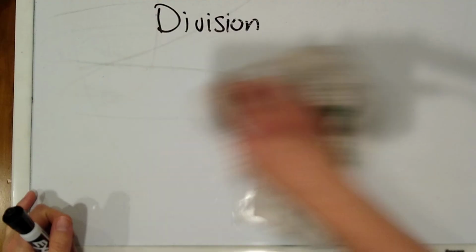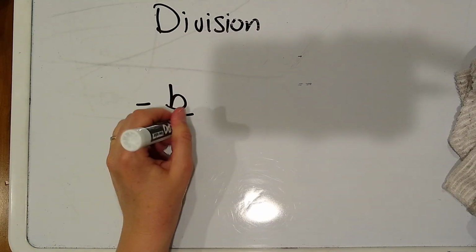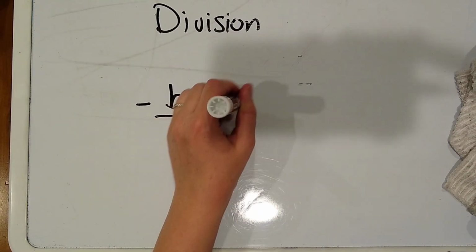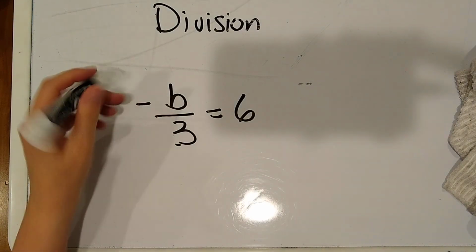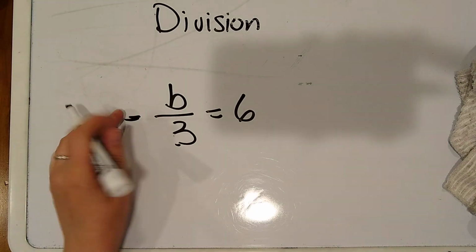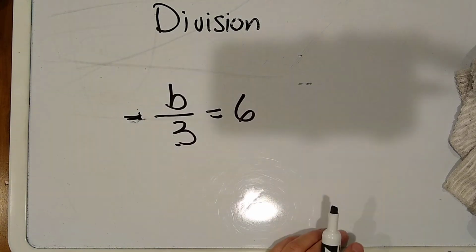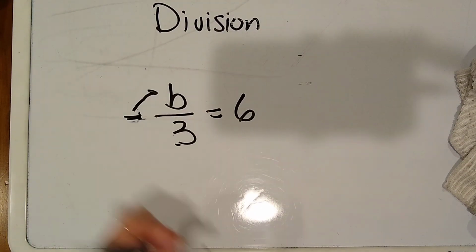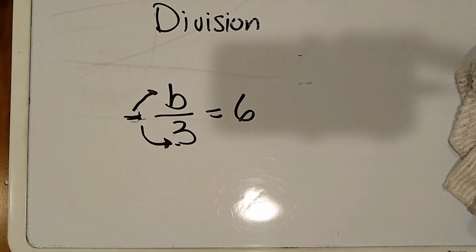What I did is I said negative b over 3 equals, let's say, 6. I put a negative out here, because sometimes they like to do that. They're just saying negative b over 3 equals 6. What that means is you can pick for the negative to be used on the top or the negative to be used on the bottom.